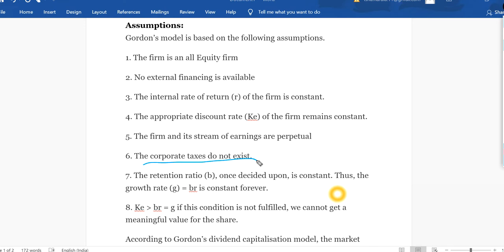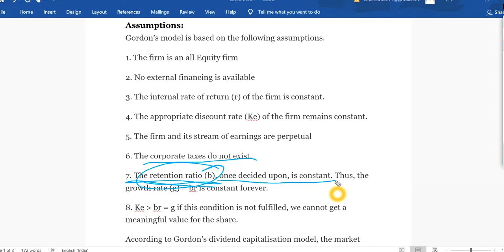The retention ratio. Here one or two things are new. The first one is the retention ratio. Retention ratio is the part of the earnings which a firm keeps. The firm is not distributing that part of the income, so they are retaining that part. The retention ratio is called B, and once decided upon is constant.